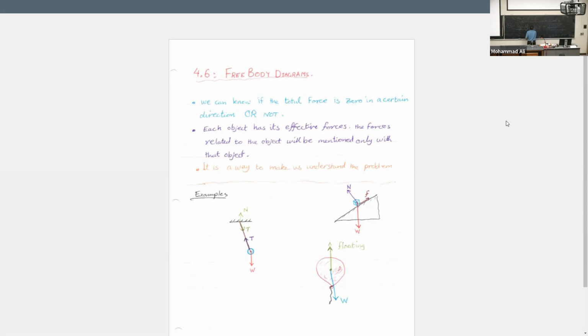That's a huge number. This is wrong, I'm sorry. The force is 30 divided by 15, which is equal to 2 meters per second squared. So the acceleration is 2. So the tension force is 60 newtons now. Again, I'll draw it in a simple way.